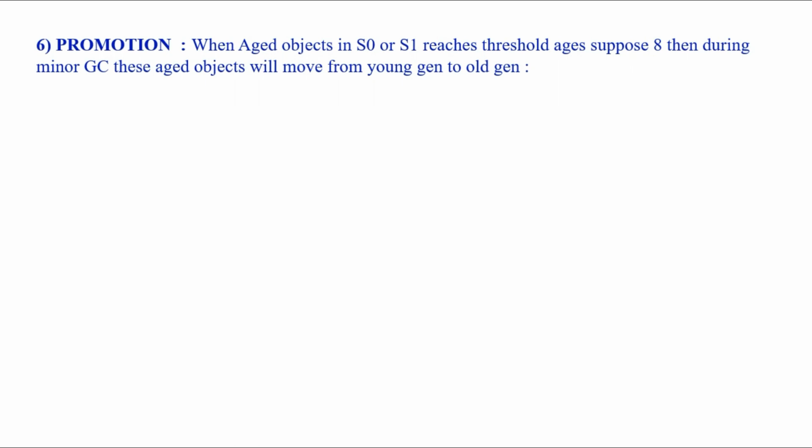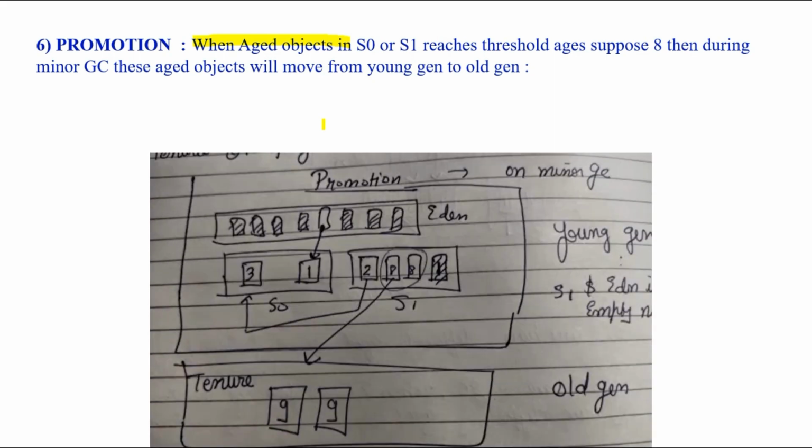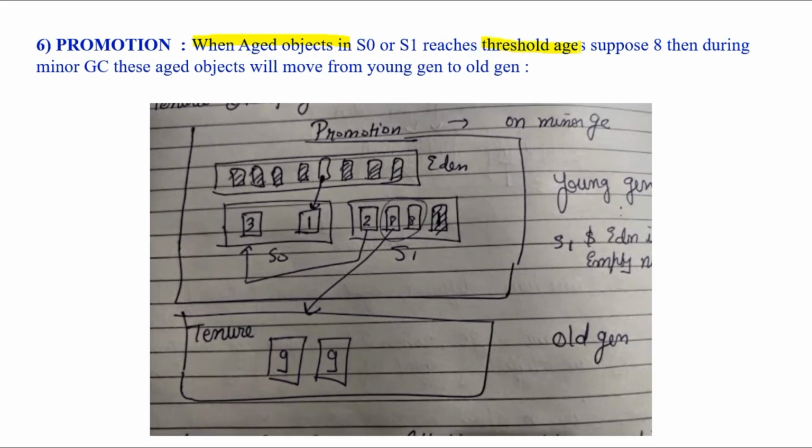Now a very important part of it is promotion. What will happen in promotion is that when an object is aged from S0 to S1 and S1 to S0 and its threshold is reached, suppose the threshold was 8. So I have told you this process.